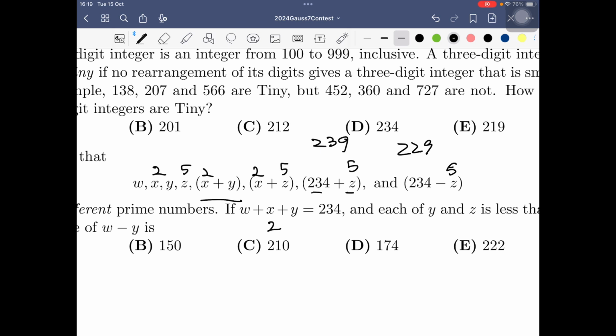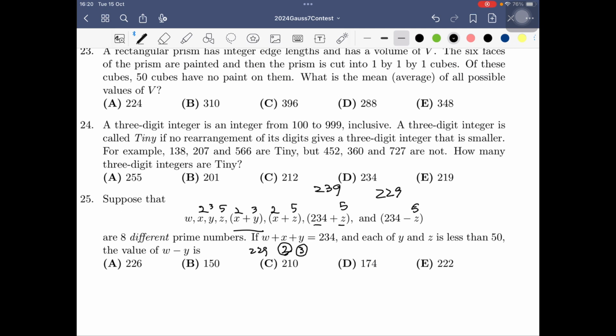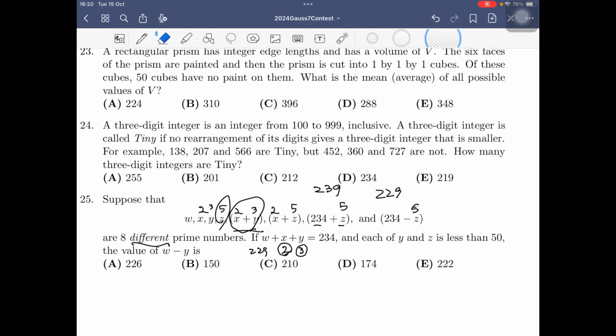And then let's find y. So now x is 2. And let's say if y is 3, then w is 229, which cannot be because it doesn't make sense, because they should all be different. So y is not 3.